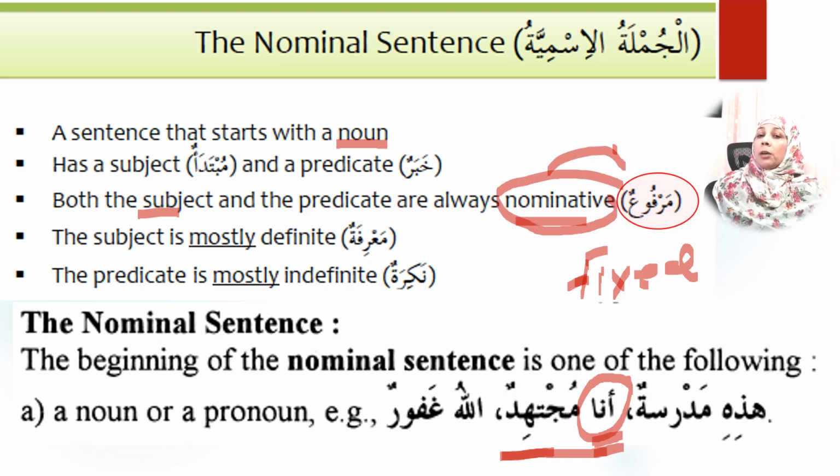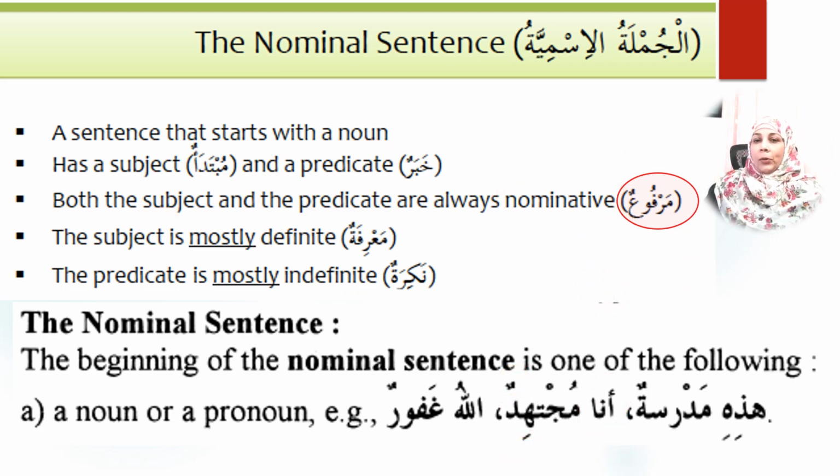They are still marfu'un, just not showing the dhamma marker at the end because they are fixed in their shape. So ana is the mubtada and we say it is in the position of being marfu'un, though it is fixed in its shape. And the khabar is mujtahidun, and again it ends with a tanween to show that the khabar here is indefinite.